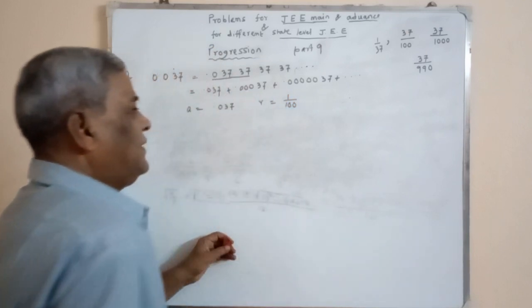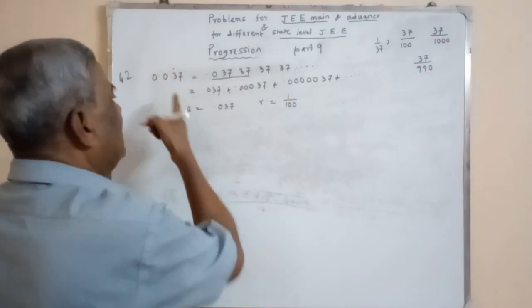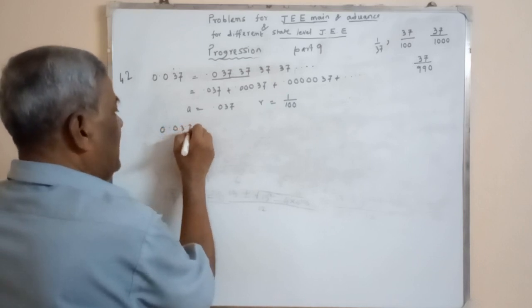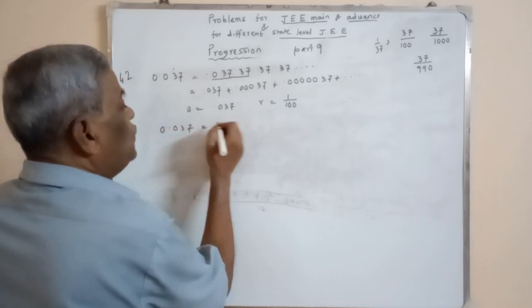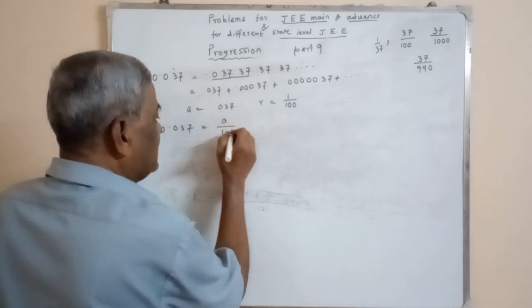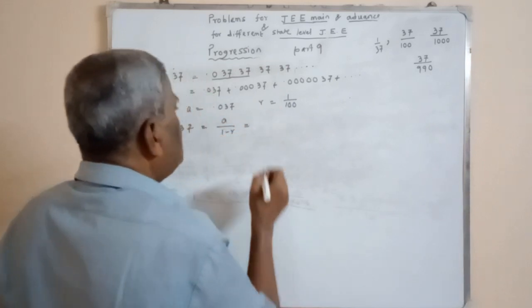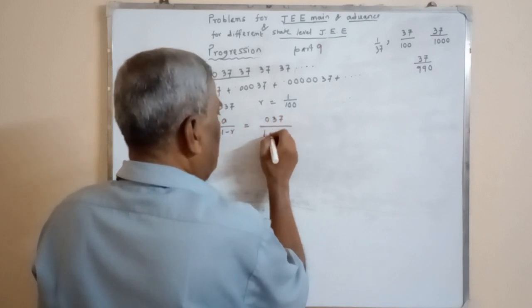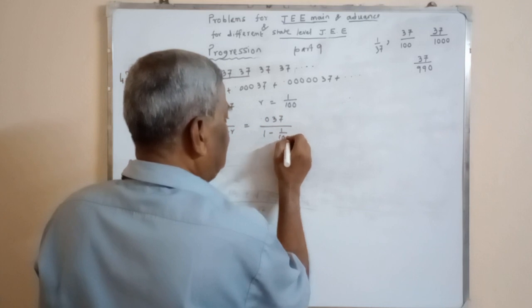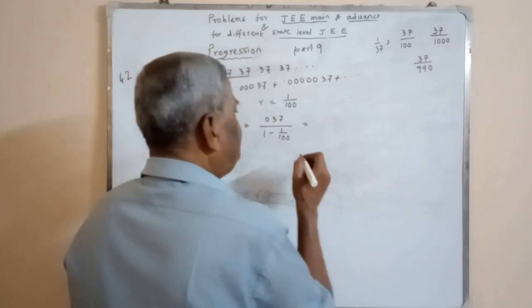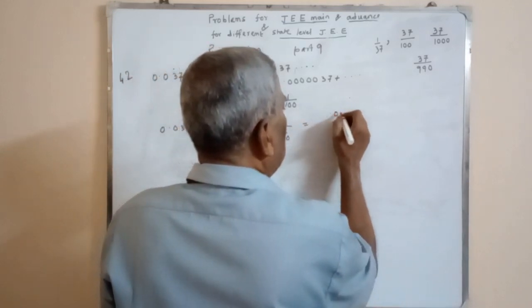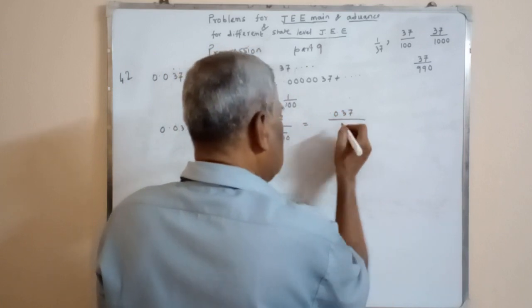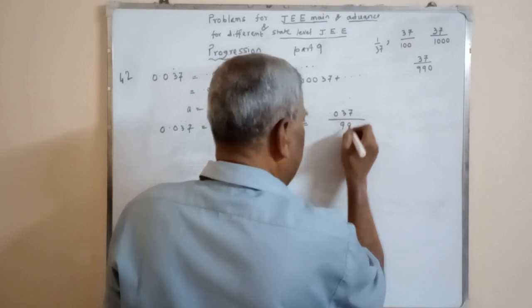So the sum, that is 0.037 recurring, is equal to A by 1 minus R. A means 0.037 by 1 minus 1 by 100. It is equal to 0.037 by 99 by 100.